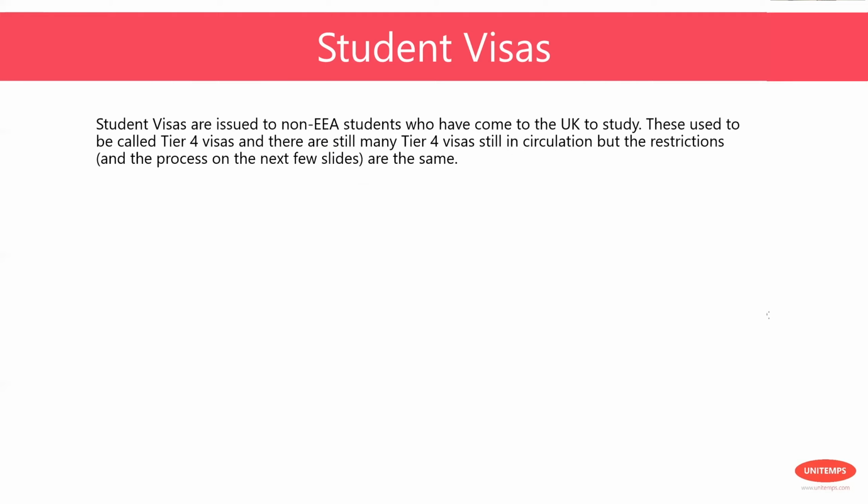As far as the restrictions are concerned, the terms can be used interchangeably. So everything I say here about student visas applies equally to Tier 4 visas. You'll see on the slides, most of the slides still say Tier 4, because the logic works exactly the same.